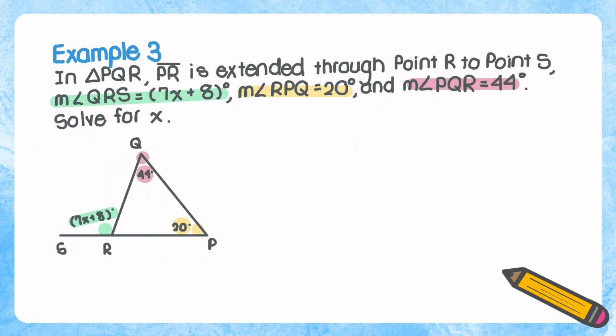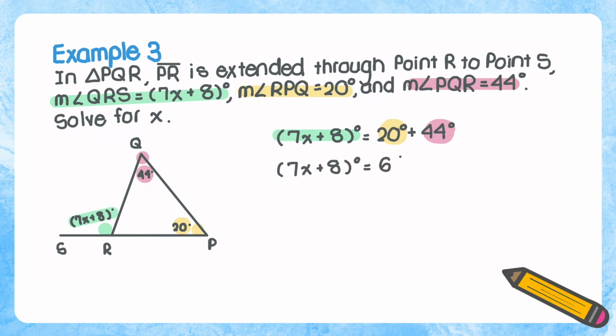So I know that the measure of the exterior angle, 7x plus 8 degrees, is equal to the sum of the interior angles, 20 degrees plus 44 degrees. So again, the exterior angle theorem tells us that the measure of the exterior angle equals the sum of its remote interior angles.